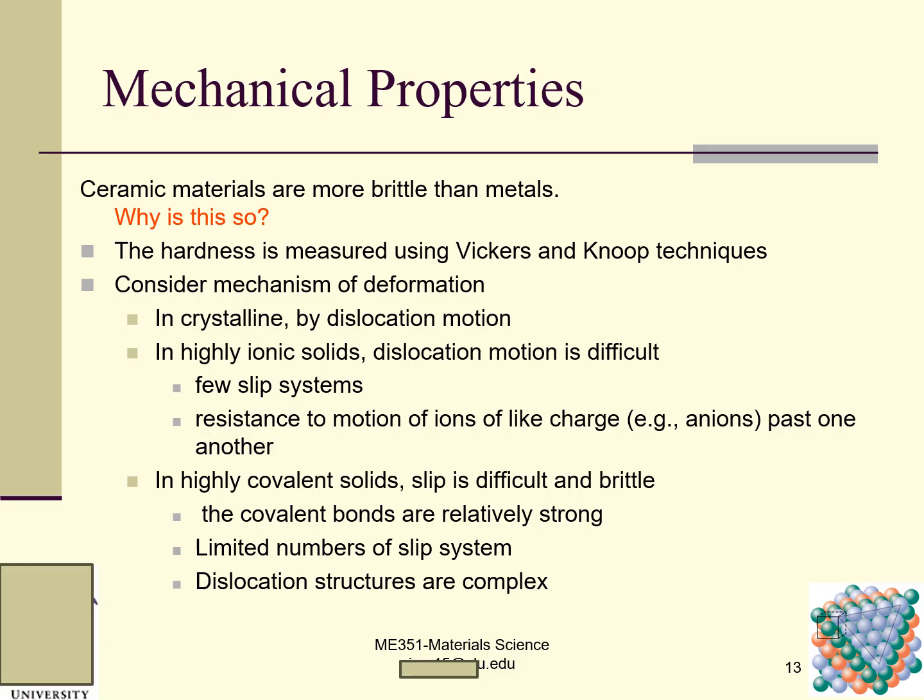In highly covalent solids, slip is difficult and the material is brittle, because the covalent bonds are relatively strong, there are limited numbers of slip systems, and dislocation structures are complex. Questions regarding this slide?